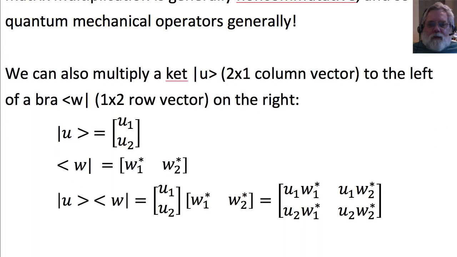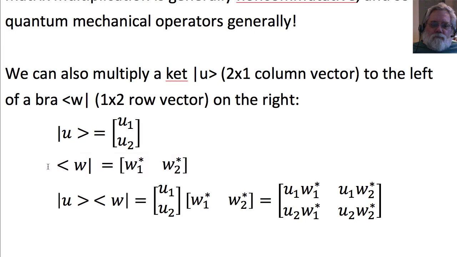Now there's one other thing we can do. We can multiply a ket u, which has the representation of a 2 by 1 column vector, to the left of a bra w, which is a representation of a 1 by 2 row vector.